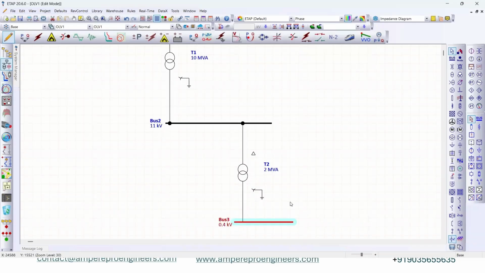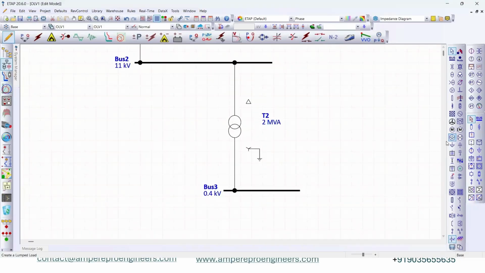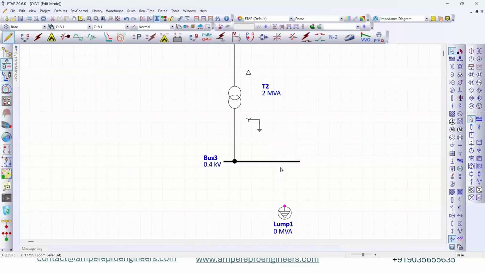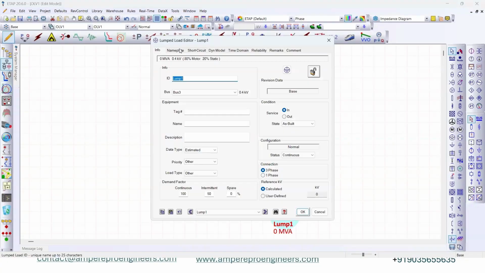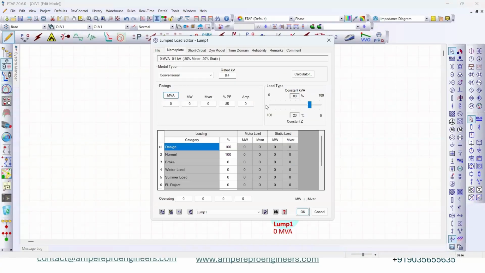So let's add some load. Here I will add some motor loads. As far as CYME is concerned, when you add a lumped load, there is something called constant kVA and constant impedance.